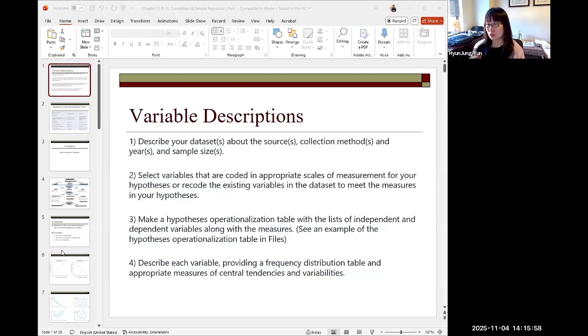So I expect you to do 4 different things at this stage. With each variable, whether it is an independent variable or dependent variable, first, describe your data set. Second, now it's starting cleaning variables.